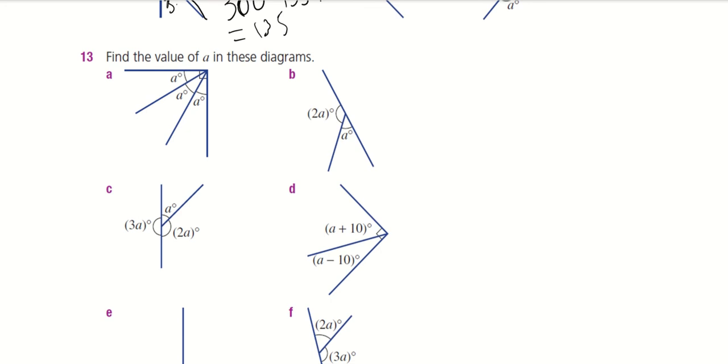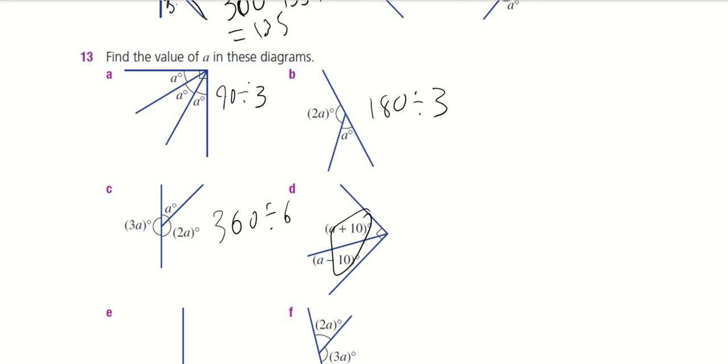All right, here, how do you figure out A? It's just 90 divided by 3, because all A's are equal, so 3 lots of A. Here, that's 180 divided by 3. There are 3 A's there. That equals 60. Here would be 360 divided by 6, because there are 6 A's. You just work that out. Here, A plus 10, A minus 10.